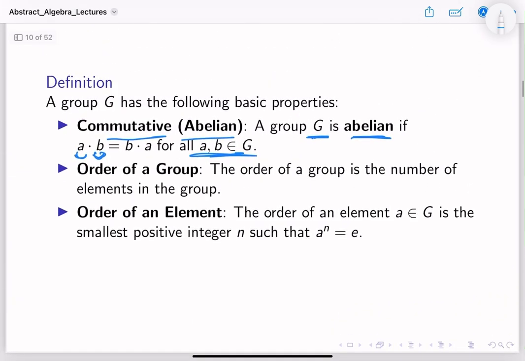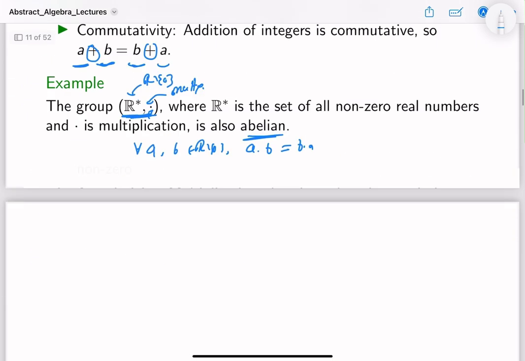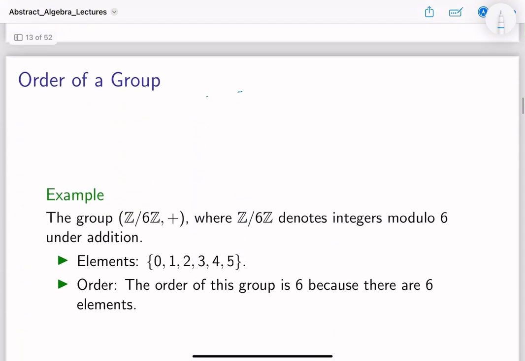So the other definition on the list is the order of a group, and the next one is going to be the order of an element. So let us go over these real quick. So here's a definition.